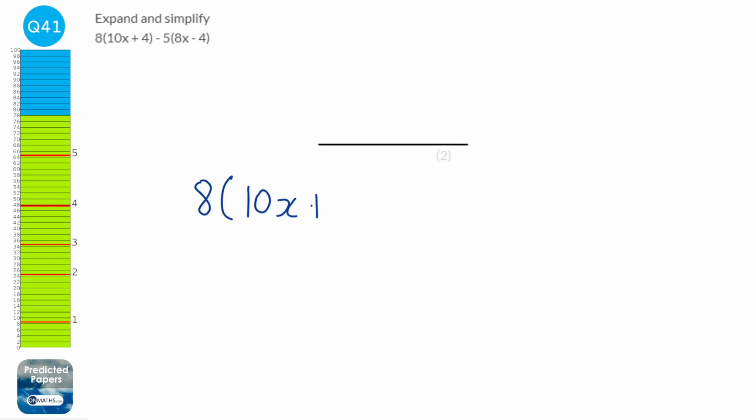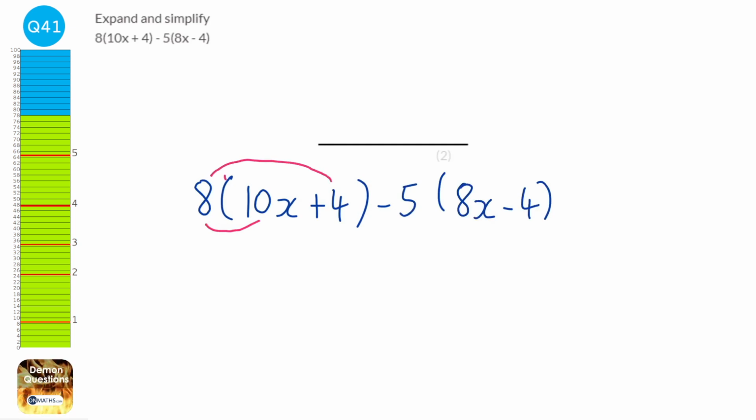I'm just going to write the question out so we've got a little bit bigger writing to play with here. And it doesn't actually matter which method you expand these brackets with. I'm going to use Smiles and Rainbows. So we multiply the 8 by the 10x, which will make 80x, and multiply the 8 by the 4, which will make 32.